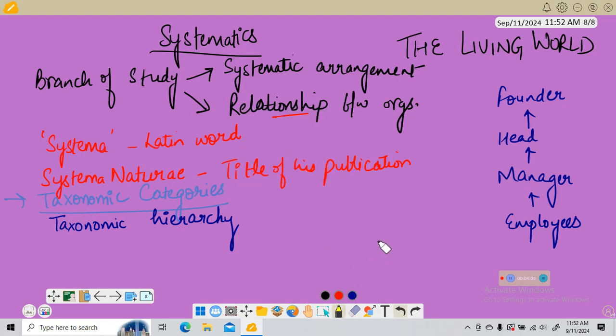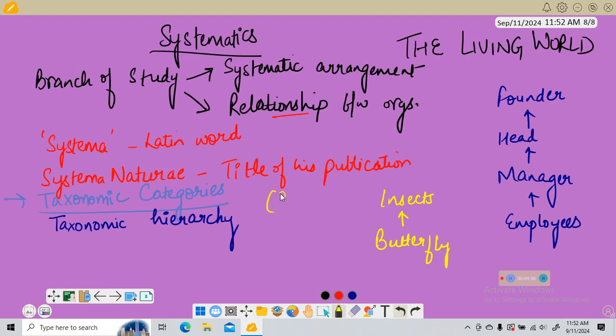Similarly, in the case of living organisms, let's say I take the example of a butterfly. Butterfly comes under the category of insects, because insects represent a group of organisms sharing common features, like 3 pairs of jointed legs.